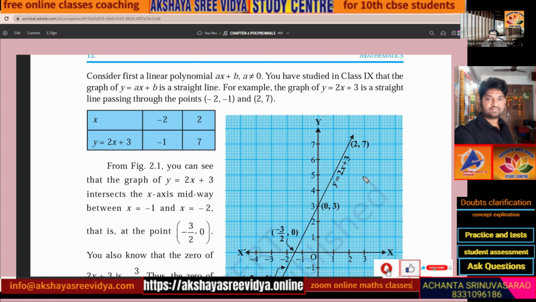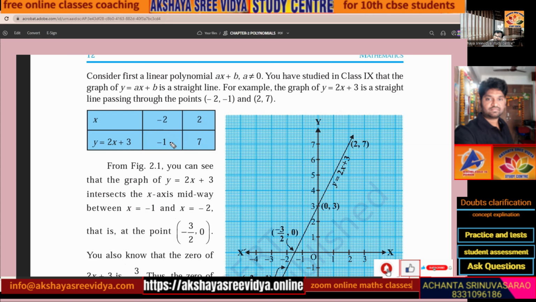For y is equal to 2x plus 3, when x is equal to -2, 2 into -2 is -4, and -4 plus 3 is -1. When x is equal to 2, 2 into 2 is 4, and 4 plus 3 is 7, so y is equal to 7.